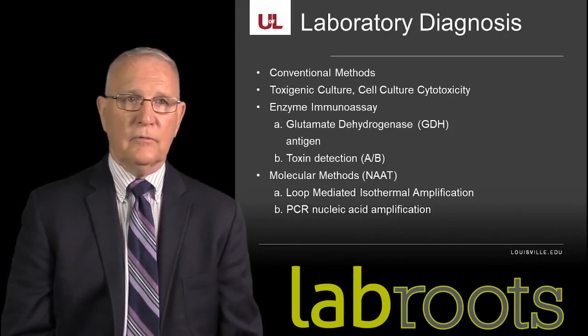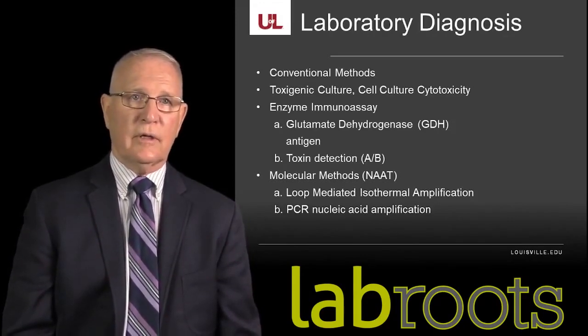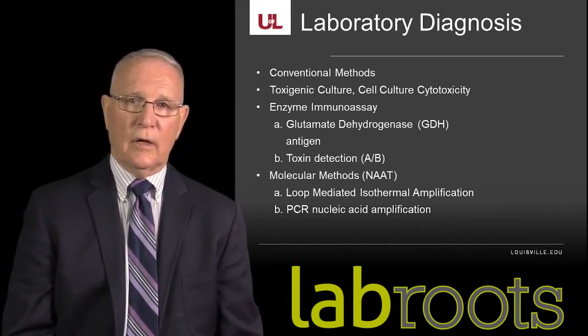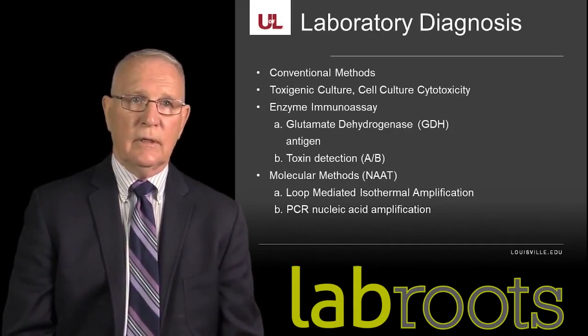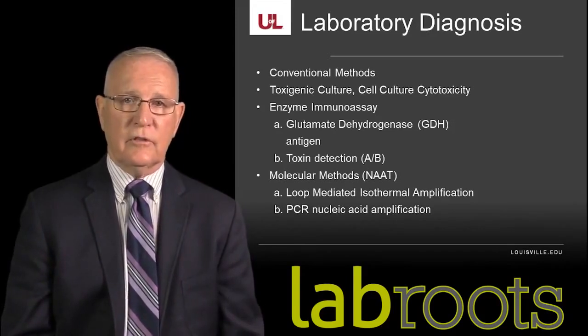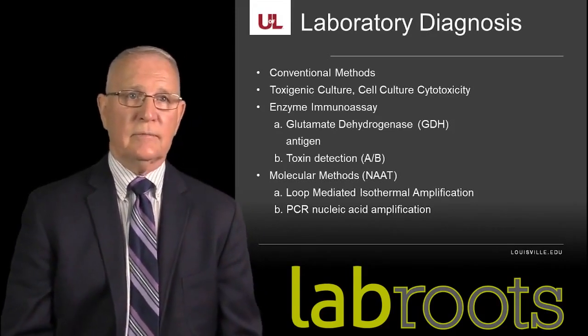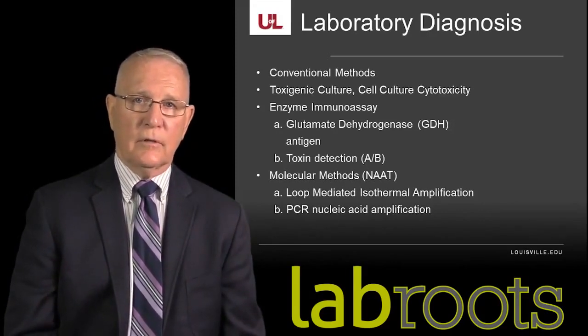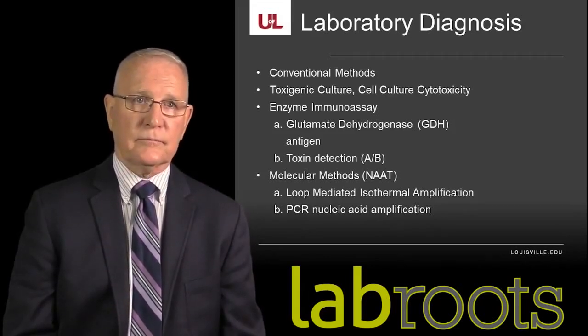When we focus on conventional methods, the two methods that have been used for years are the toxigenic culture and the cell culture cytotoxicity, sometimes referred to as the cell culture cytotoxicity neutralization assay. The toxigenic culture is designed to recover the organism Clostridium difficile.